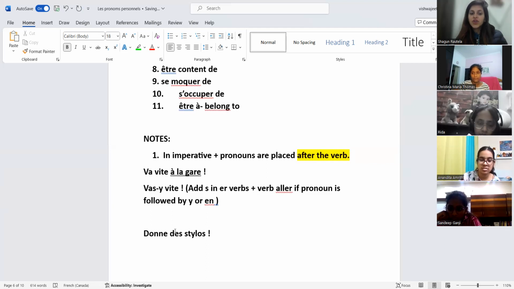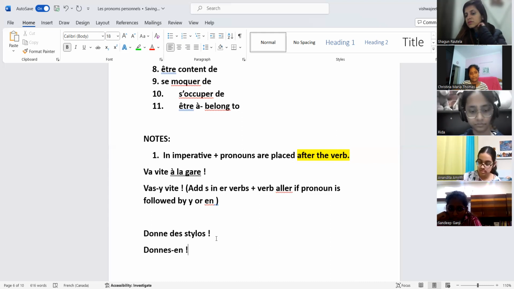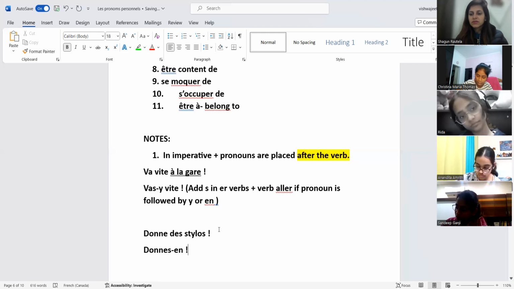Donne-en. The imperative positive pronouns will be after the verb, and after the verb it is EN. So I'm going to write this S. Because it's EN. So the S comes back if the pronoun Y or EN is there. Okay, small rules that you have to apply. It's all about learning the rules.